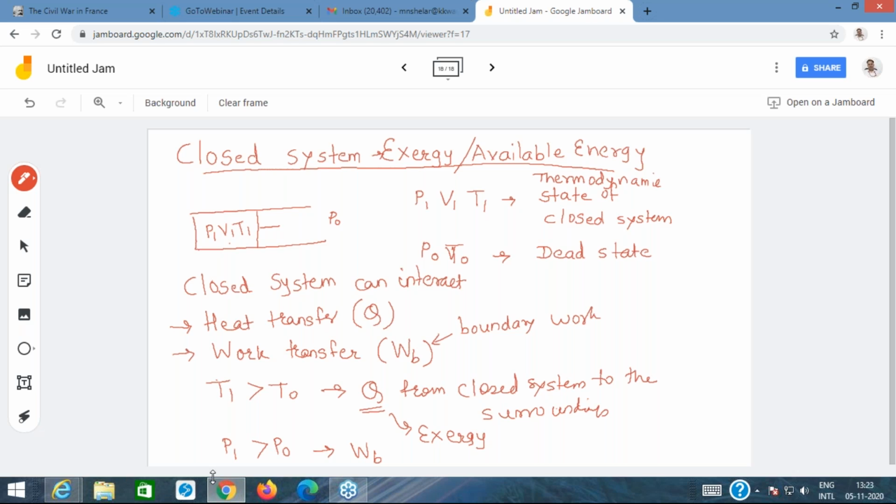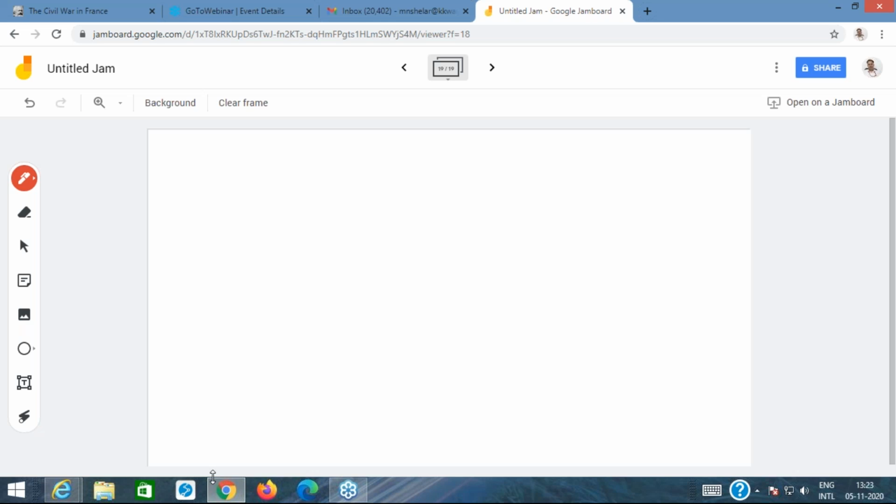So there is something called useful work. Let me go to the next screen and talk about what a useful work is. As I said, the piston is at a certain pressure P1, volume V1 and temperature T1, whereas the dead state is P0 and temperature T0. This boundary work would be the PV work.